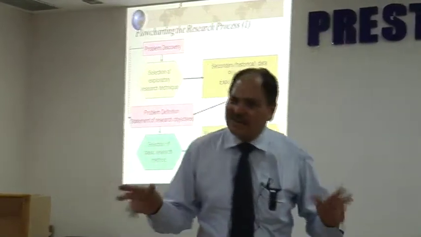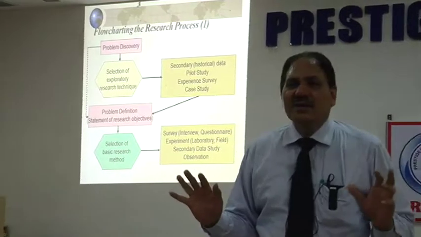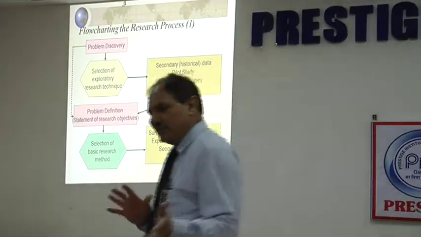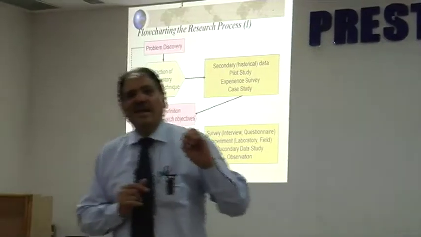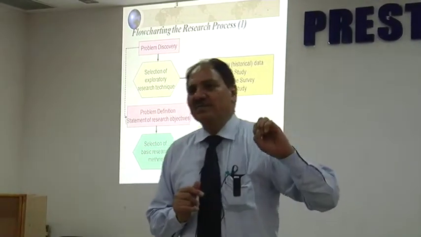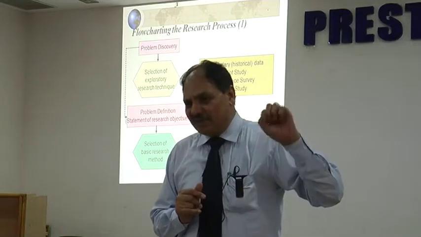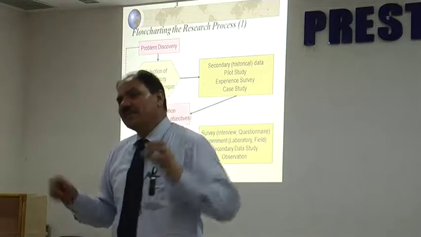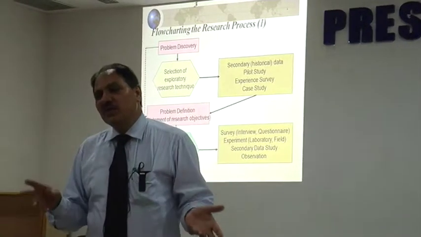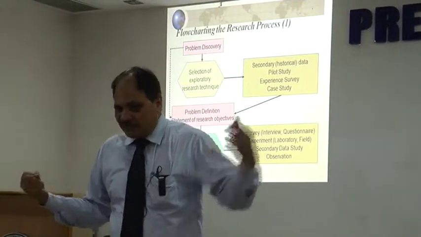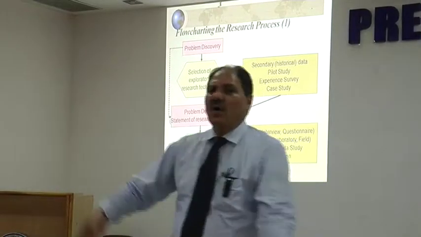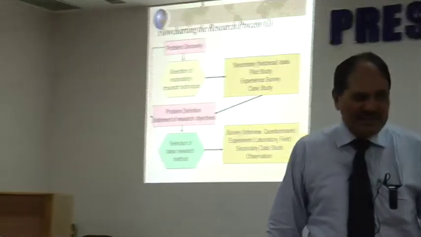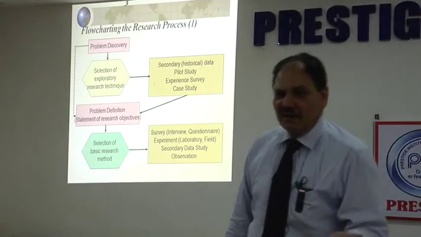So we also call it experimental research, because as soon as we say cause and effect relationship, we are looking at one variable which is the independent variable, which we can modify, we can change. And there is another variable that we call the dependent variable, and we need to evaluate the effect of this change in the independent variable on the dependent variable. So by nature, causal research is experimental research.